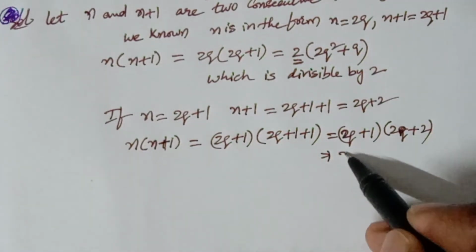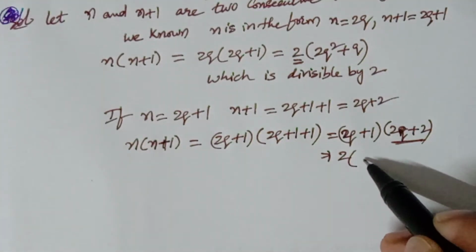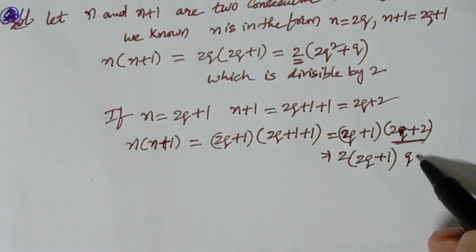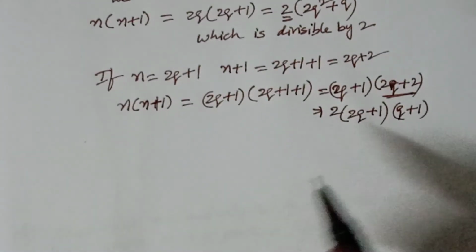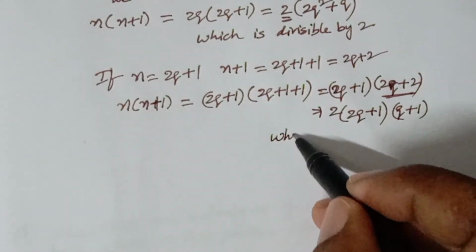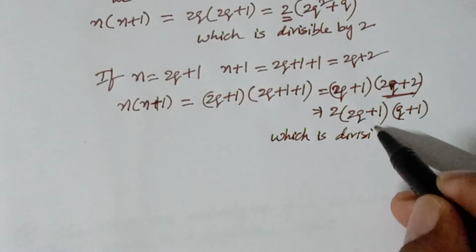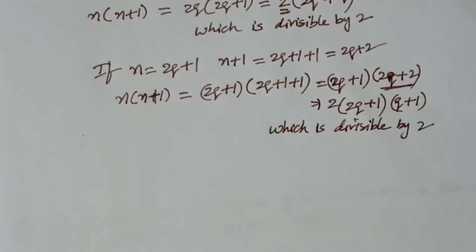Here also you can take 2 common: 2 into (2q plus 1) into (q plus 1), which is divisible by 2.